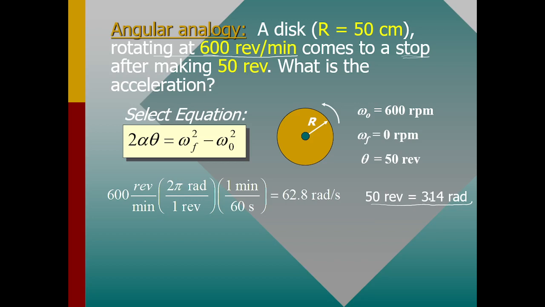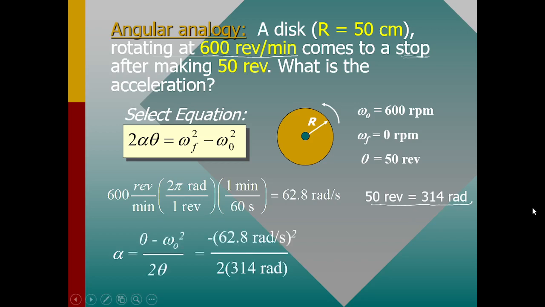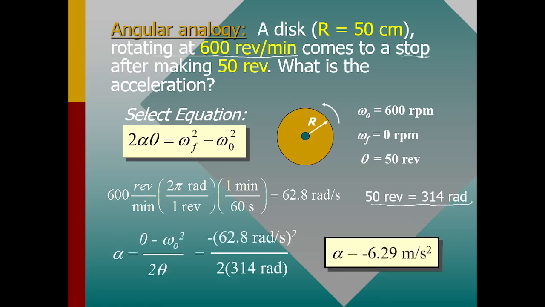So 314 rad simply means that we have theta, from the first equation I gave. Then you can use the formula, and that's how you're going to have 0 minus w squared over 2 theta. We just make alpha the subject of the formula. When you plug in those values, it's going to give you something like this.